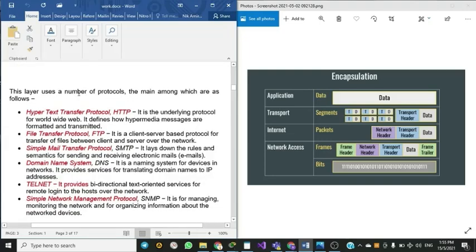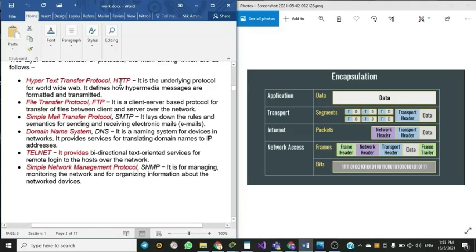This layer uses a number of protocols. The main ones are as follows. HTTP, Hypertext Transfer Protocol. This protocol is for the World Wide Web. It defines how hypermedia messages are formatted and transmitted.